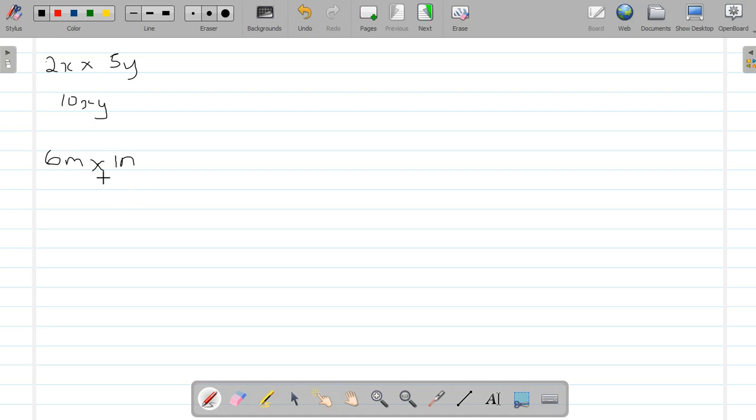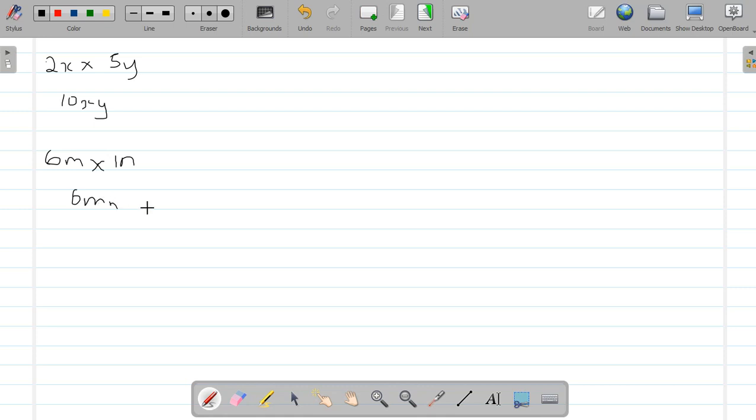So in actual sense, 6m multiplying 1n. So we multiply the coefficients of m and n. 6 times 1 is going to give us 6. And then m times n is going to give me mn. So my answer for this particular expression is going to be 6mn.